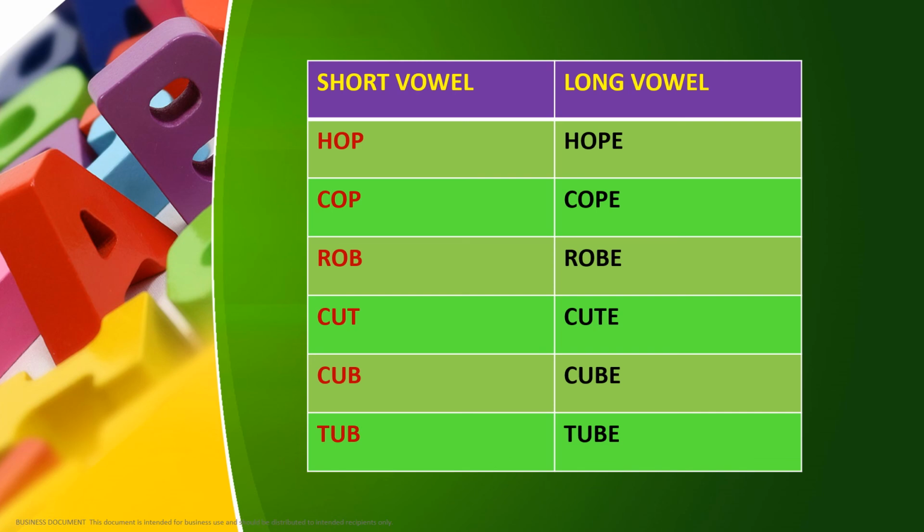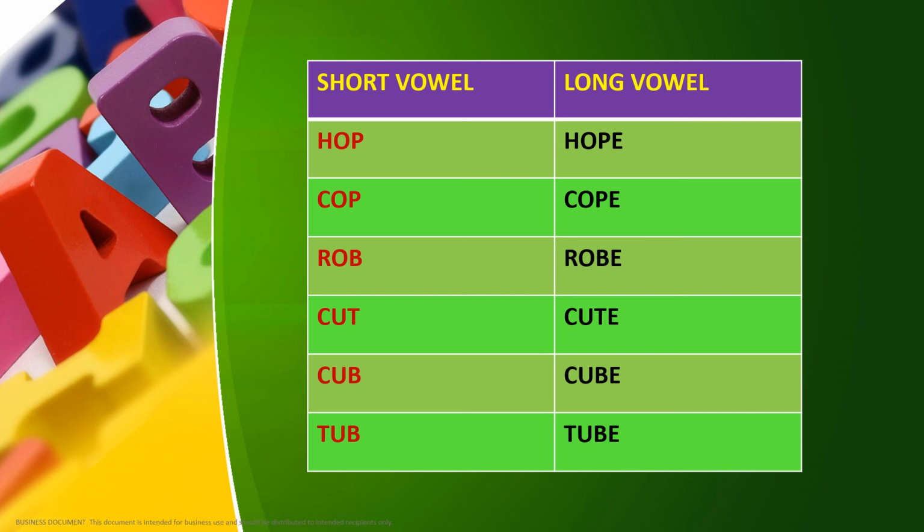And when we add a silent E at the end of the word tub, it becomes tube. And U starts giving its own sound, like its name. So this was all about short vowel and long vowel. I hope you learned it and I hope you enjoyed the lesson.